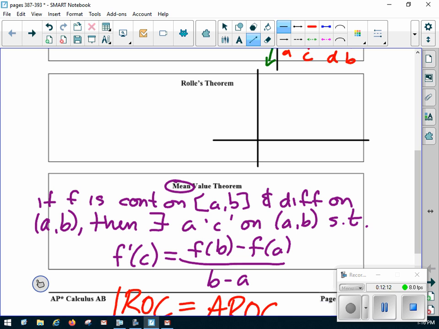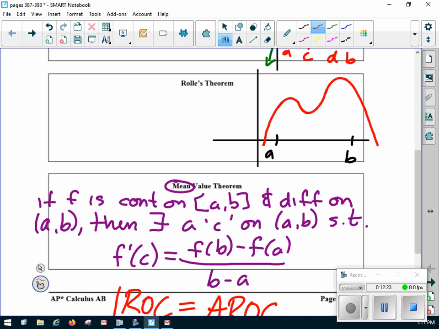Rolle says if the function is both continuous and differentiable on the closed interval a to b, and he drew this. But remember, we're only looking from a to b. If the function is continuous on the closed interval a to b and differentiable on the open interval between a and b, then there exists at least one place where the derivative is equal to 0.